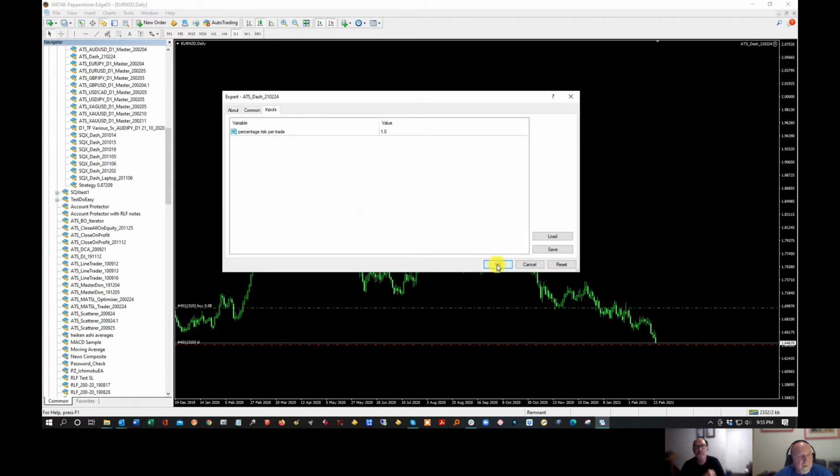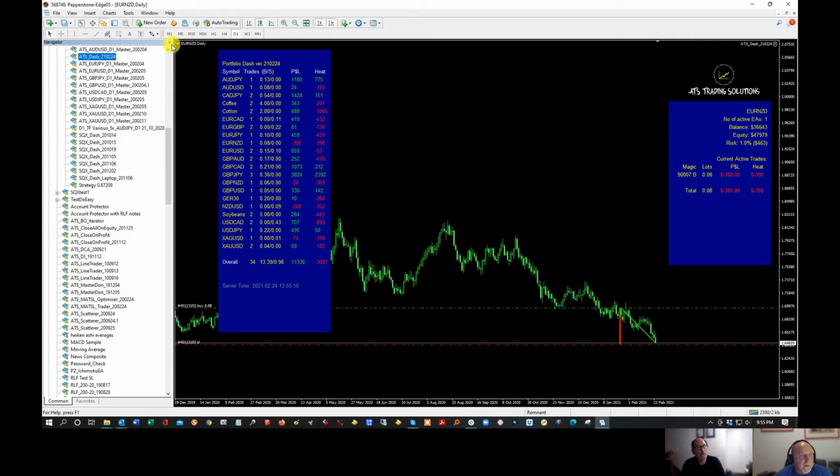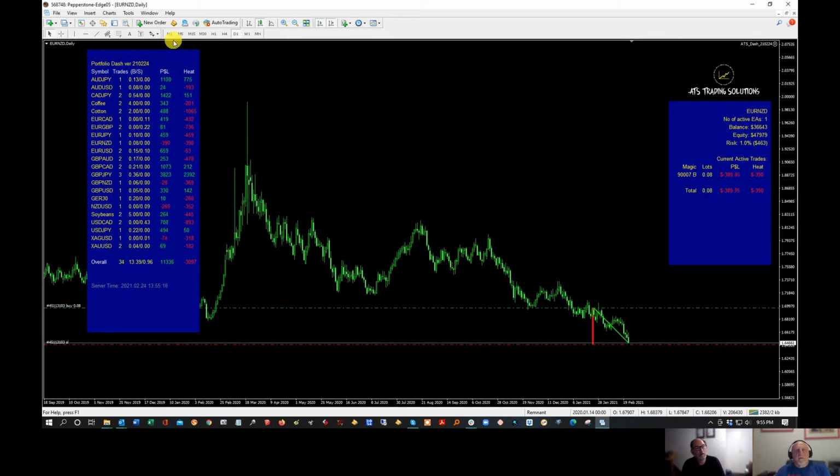Yep. And when you load that on, what you get is effectively a dashboard giving you the same information you saw on the terminal, but now in a more elaborate way in terms of it's been sorted by currency pair. It shows you how many trades you've got open. It also gives you a quick snapshot of how many lots you've got long and short, so buy or sell.